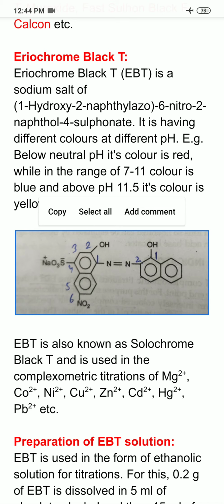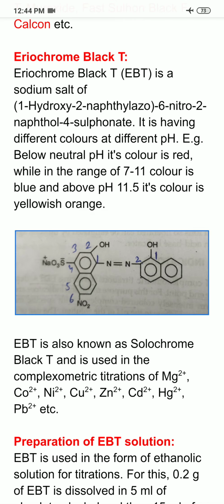In the first naphthalene ring it has one hydroxyl group at the first position, and at the second position it has an azo group, meaning nitrogens are there, and in the second ring it has another hydroxyl group at the 2 position, a nitro group at the 6th position and sodium sulfonate at the 4th position. So that's why its name is sodium salt of 1-hydroxy-2-naphthylazo-6-nitro-2-naphthol-4-sulfonate.